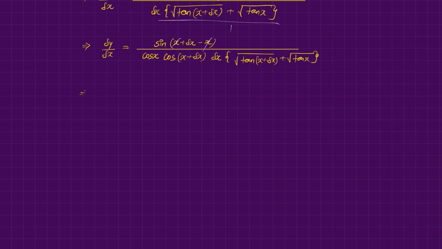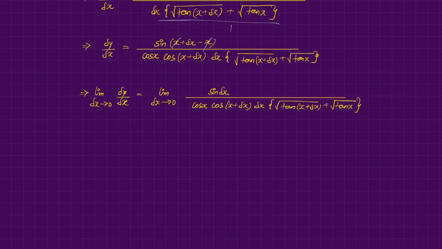We will have limit delta x tends to 0, delta y over delta x equals limit delta x tends to 0 sine of delta x, whole divided by, let us distribute the limit on the second part. So I will write this particular portion and this portion together, and this particular portion and this particular portion separately. And since cos of x can be treated as constant, let me write that in front.